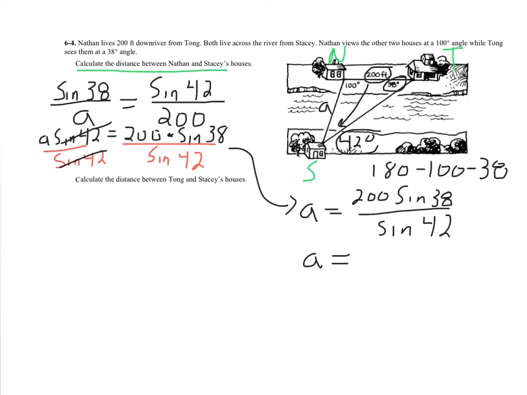So then A equals 184 feet, or 184.018 feet. Now, they also want to find the distance between Tong and Stacy's house.